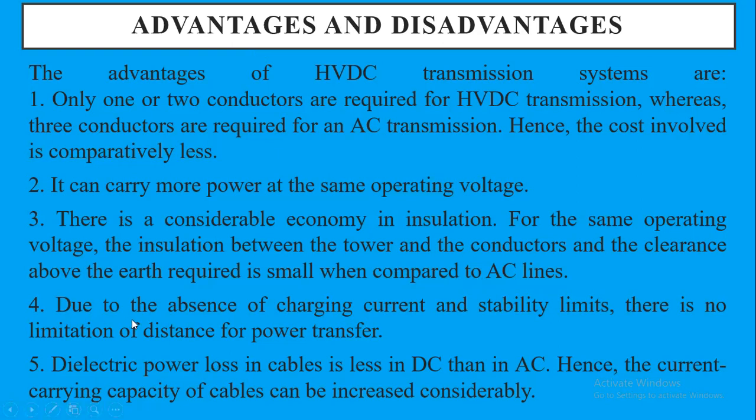Number four, due to the absence of charging current and stability limits, there is no limitation of distance for power transfer. Dielectric power loss in cables is less in a DC power system than in AC. Hence, the current carrying capacity of cables can be increased considerably.